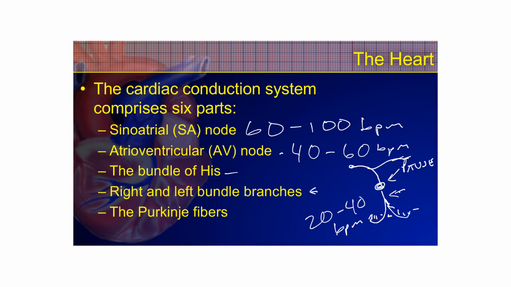So you have another piece of highway here called Bachmann's bundle that takes the conduction from the SA node over to the left atrium. So the right and the left atrium will conduct almost simultaneously. That's why you have Bachmann's bundle. You also have intranodal pathways that connect the SA node to the AV node. So there are all those different parts, but the main parts are the ones I just discussed here.